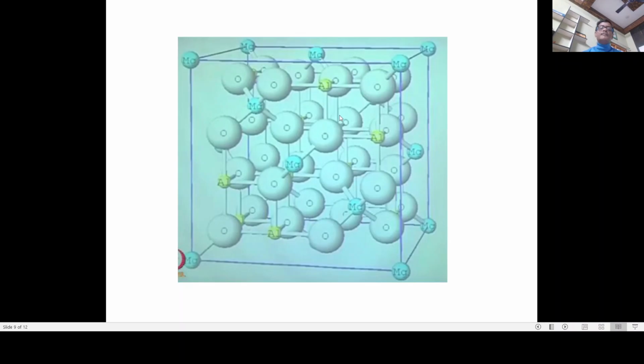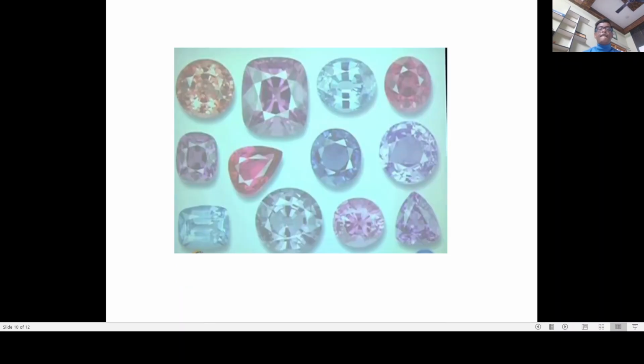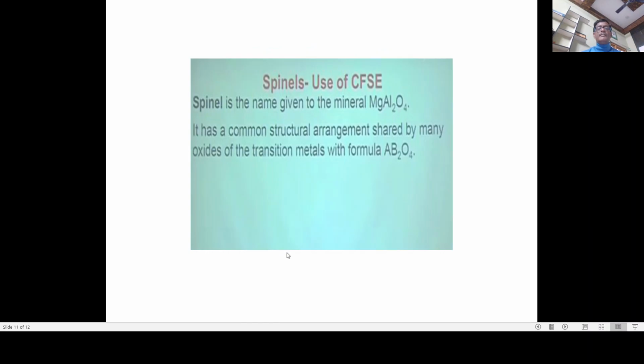Next, here are some examples of tetrahedral complexes, with the colors of different metals present in the crystal, a variety of colors. This is used for CFSE. An example is the mineral magnesium aluminate, MgAl2O4.